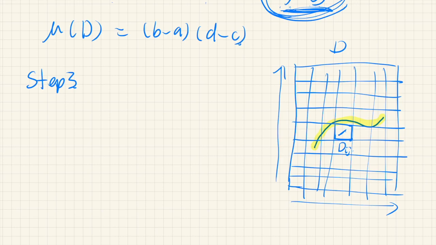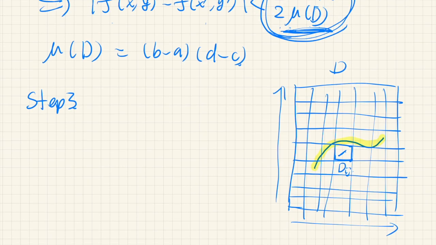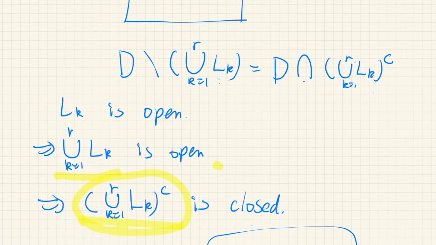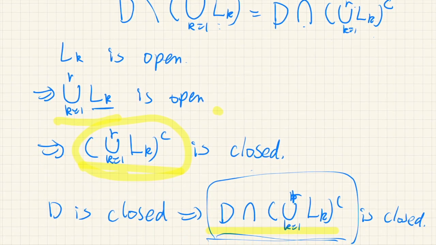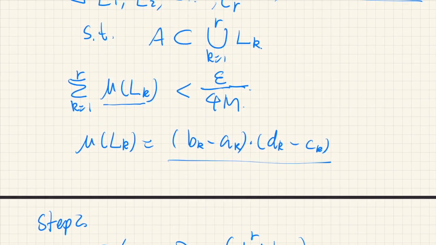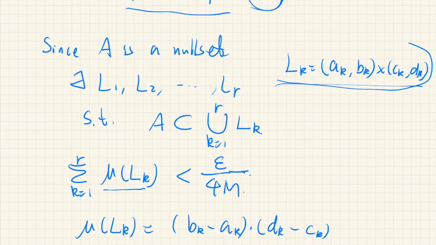We also impose a condition on this partition so that the rectangles LK, which are defined by these open rectangles, have their points also as points of the partition.